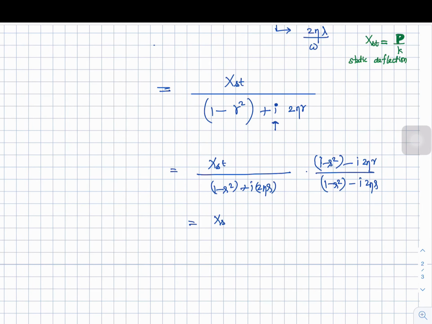This becomes x_st (1 minus r square minus i 2 eta r) divided by (1 minus r square) whole square plus (2 eta r) whole square.